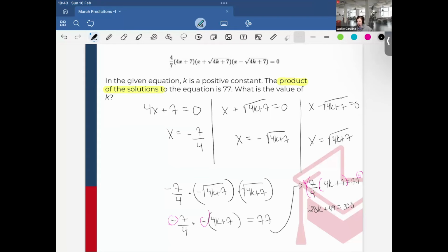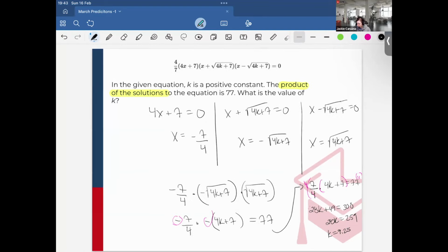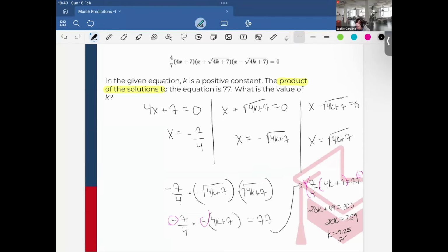And subtract 49 from 308. So I have 28k is equal to 259. And then final step, divide by 28. And I get that k is equal to 9.25, or 37/4. Both of those answers would be viable.